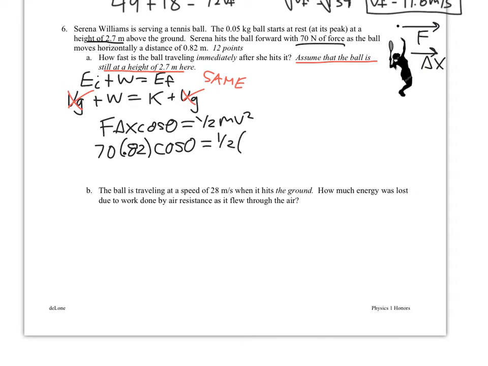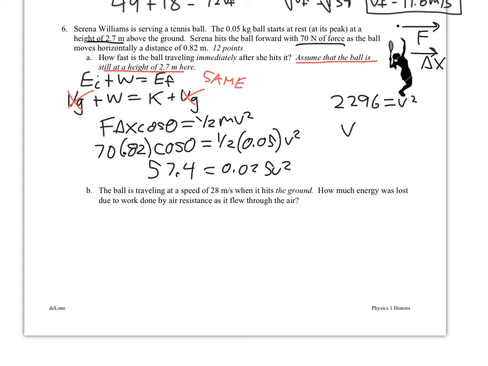And so that's going to be equal to 1/2 times our mass, 0.05, times v squared. And so we end up getting 57.4 equals 0.025 v squared. So when we divide by 0.025, we get 2,296 is v squared, so our velocity ends up being 47.9 meters per second.